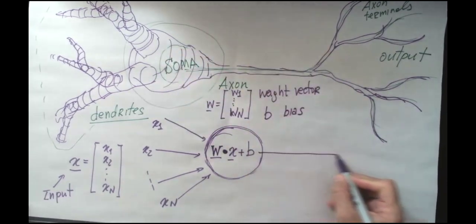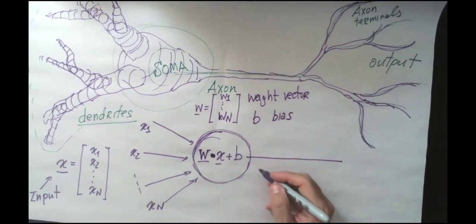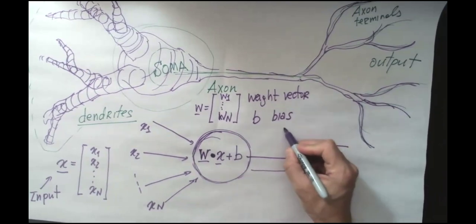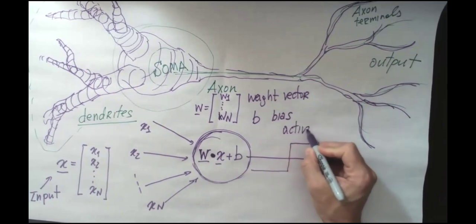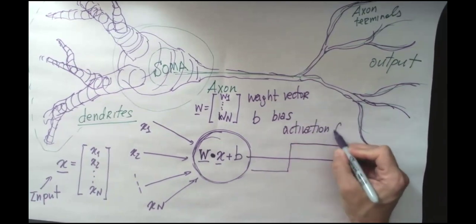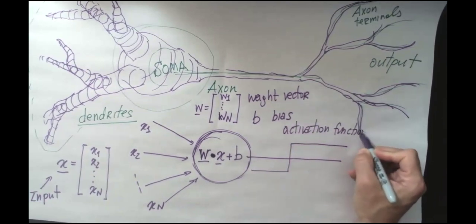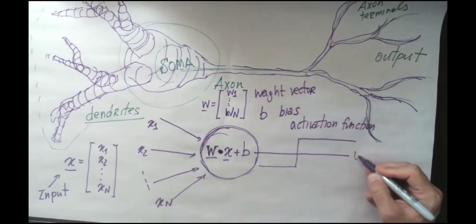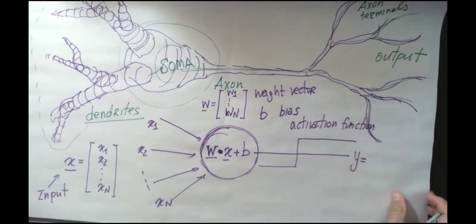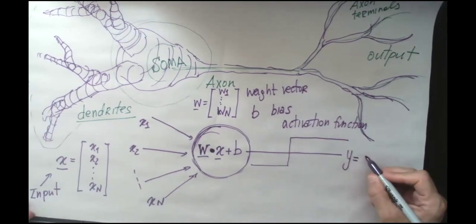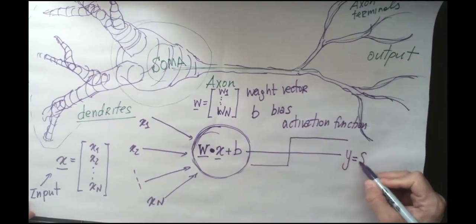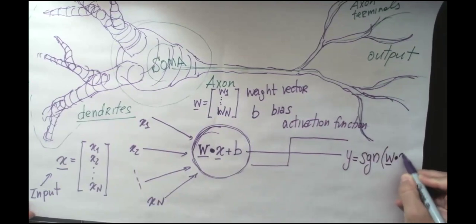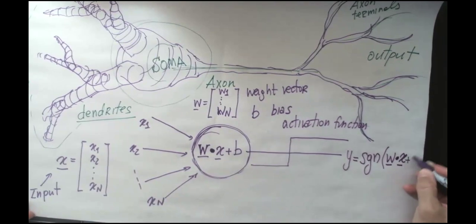And then it will undergo an activation function. And then the output y will be, for simplicity here, the sign of W dotted x plus b.